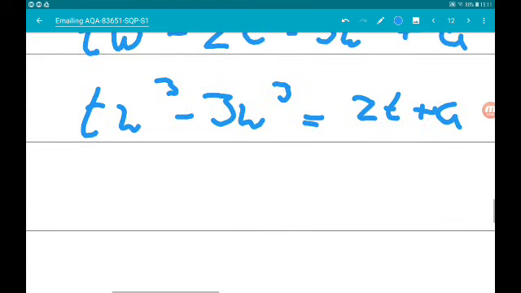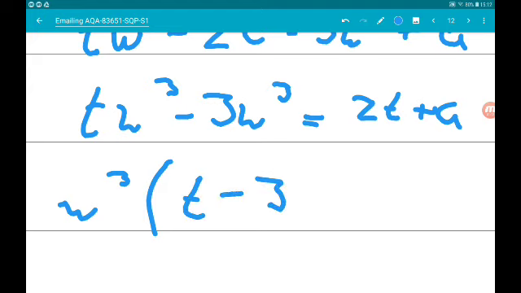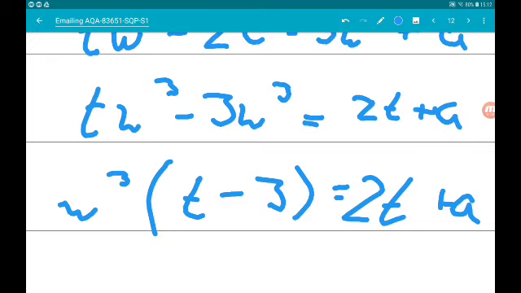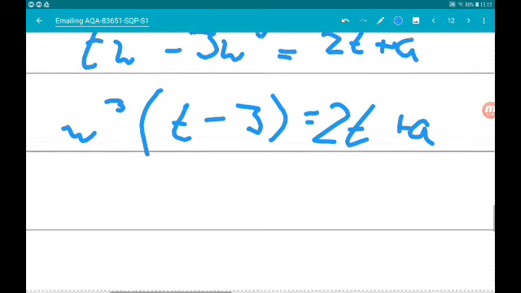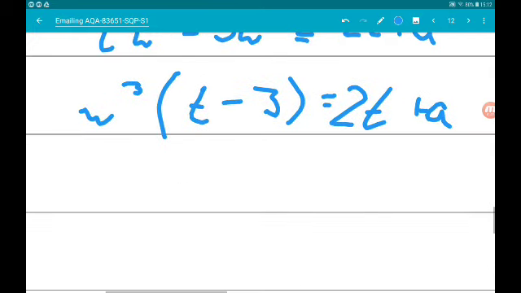Okay, so now we got two terms on the left containing w's. The trick to turning this into one term is to factorize. So we can write this as w cubed times t minus 3 is 2t add a. Now we want to divide both sides by that bracket.